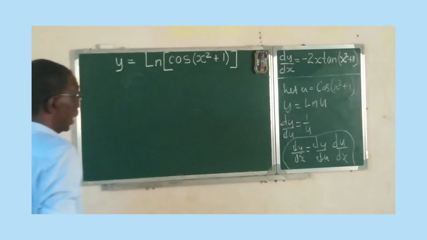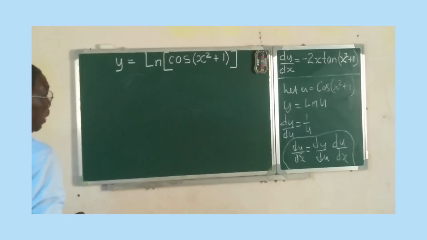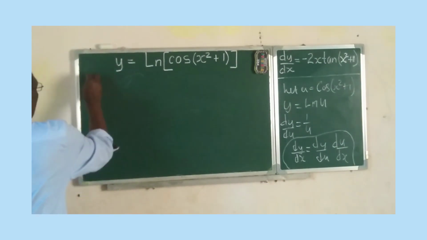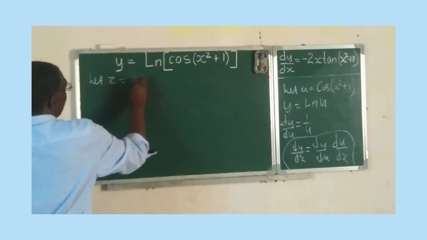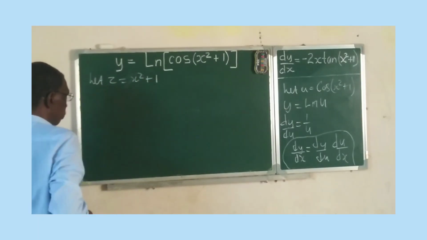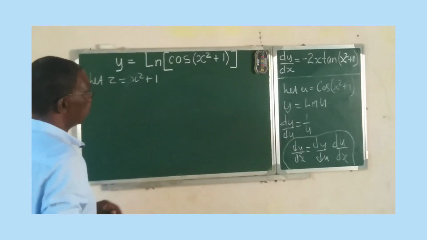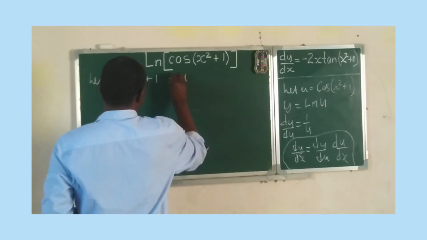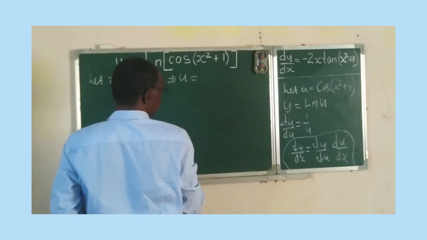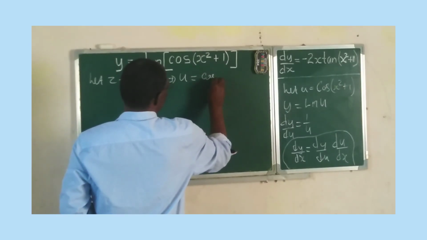So let x squared plus 1 equal to z. So let z equal to x squared plus 1. So if z is equal to x squared plus 1, then it means that u is equal to cosine of z.